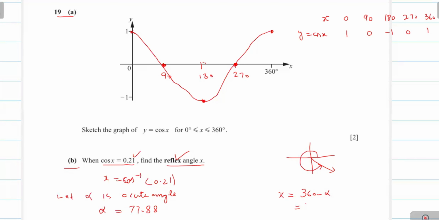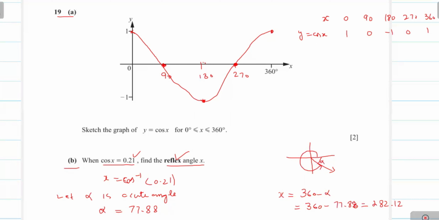So we write 360 minus 77.88, which is equal to 282.12. This is the answer.